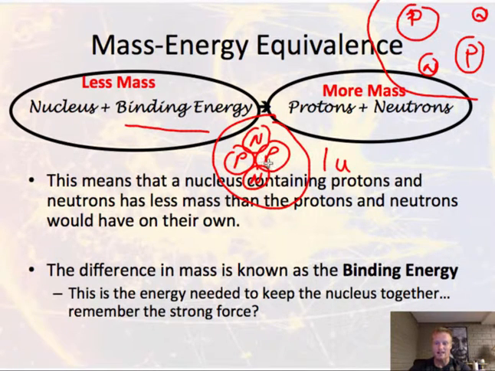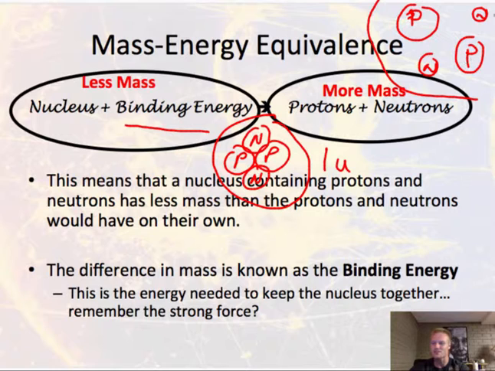The reason why is some of that mass is being used as energy to hold it together. That's that binding energy. So this nucleus is less massive than these individual parts, these protons and neutrons by themselves. Take a moment to mull that over.